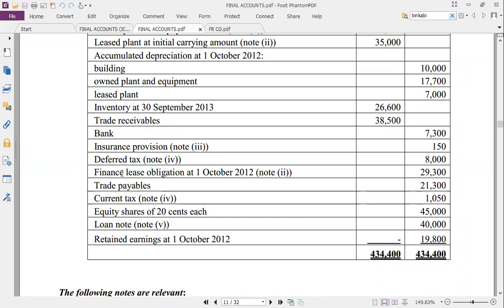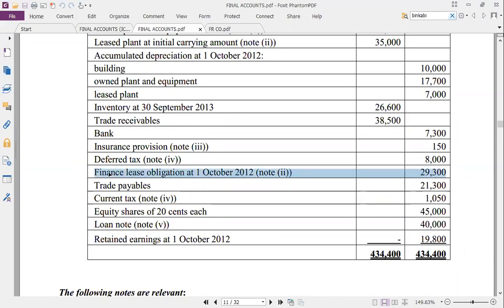And that cost is made up of what, as you saw yesterday: the present value of the minimum lease payments plus any direct cost, less any lease incentives, plus dismantling cost. That's all. So I'll use IFRS 16 to calculate for this.